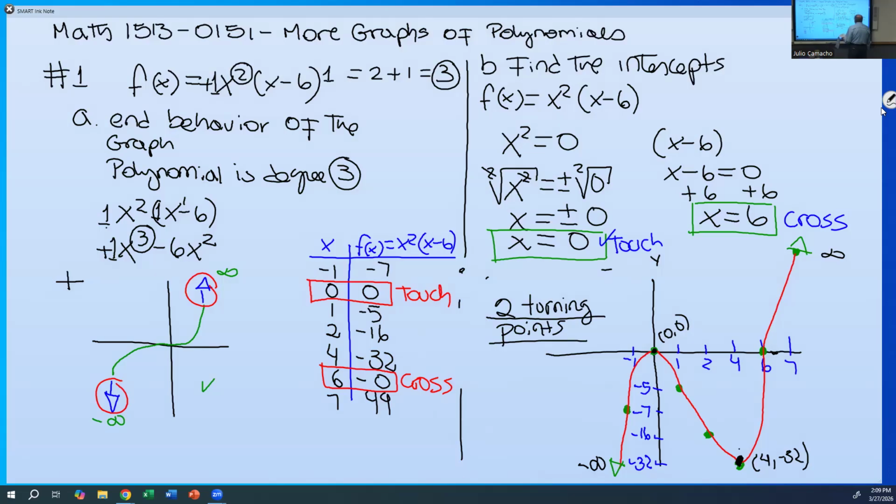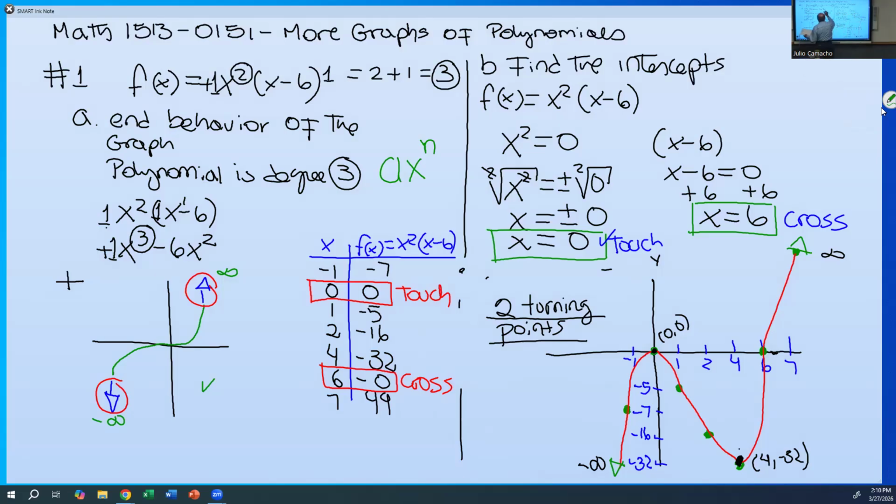Another way to find the turning points is when you find the degree. Remember the degree is an exponent. We learned from the beginning of this semester that a term has the form a times x to the n power. So this n is always the exponent.